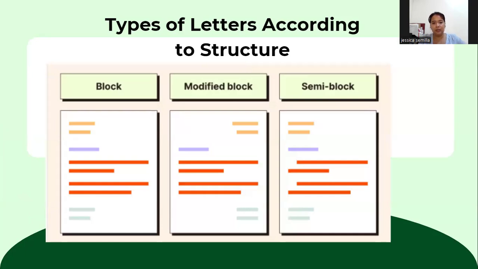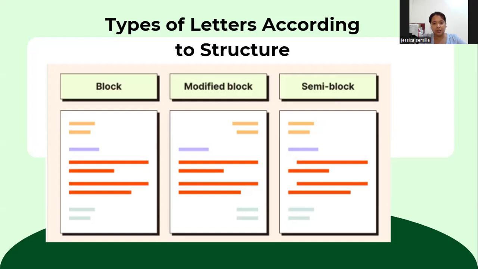And then the other one is the modified block. If you look at the modified block, the date is aligned at the right corner, and the body is in block form, while the letterhead is in line with the closing and then the signature. On the other hand, the semi-block, that's why it's semi-block. The letterhead is lined at the left side, going with the salutation and the body.